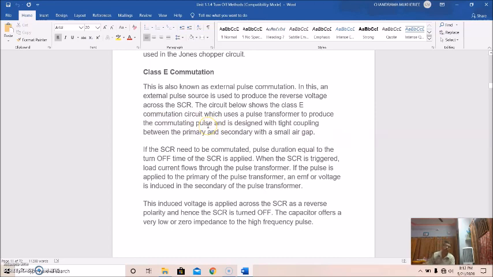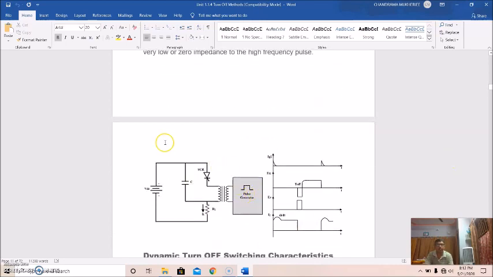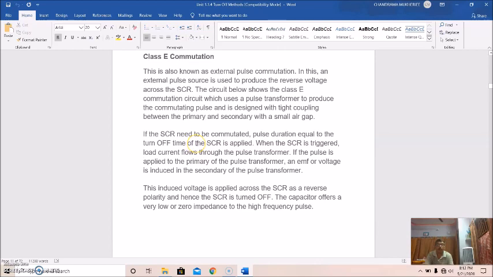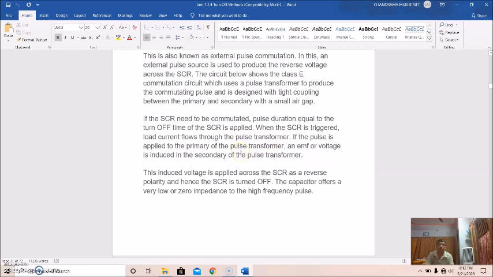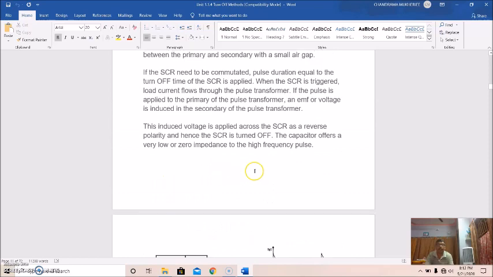The external commutating pulse is generated, designed with tight coupling between the primary and secondary of this transformer. For the SCR which is to be turned off, a pulse of duration equal to the turn off time of the SCR is applied. When the SCR is triggered, load current flows through the pulse transformer.